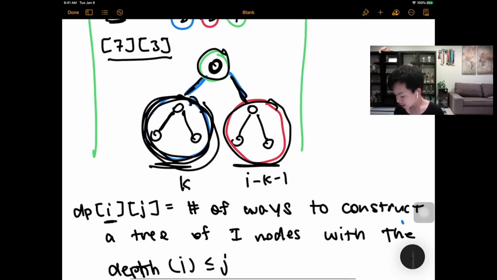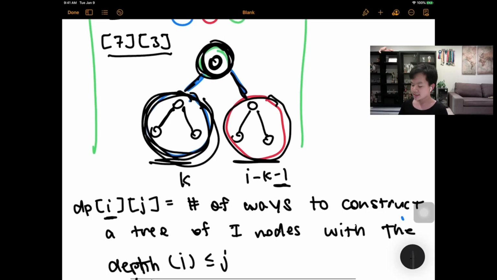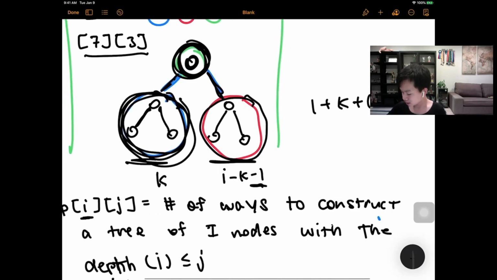And this is because the minus 1 is because we are adding a root node, so this actually should count in this. So basically if you add 1 plus k plus i minus k minus 1, then this would be i.